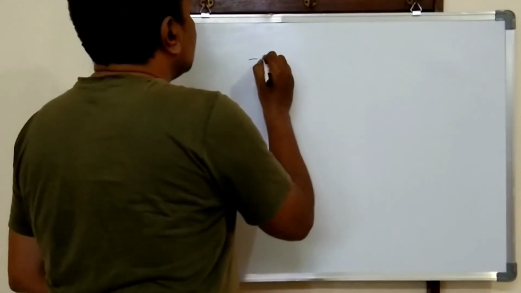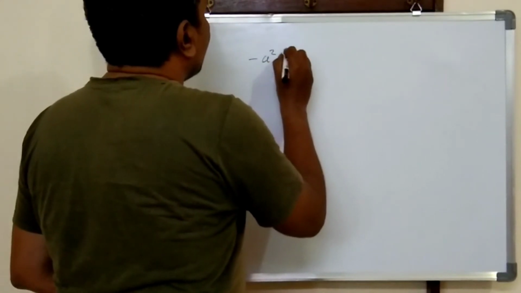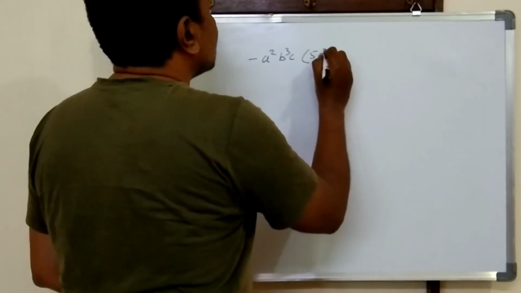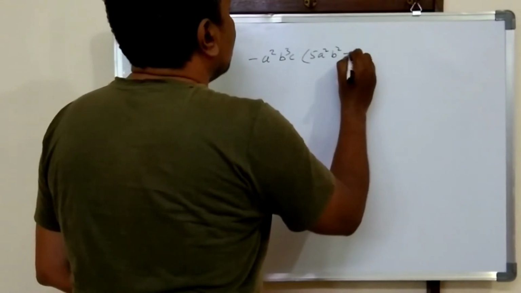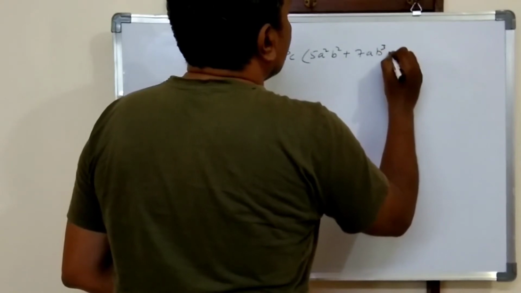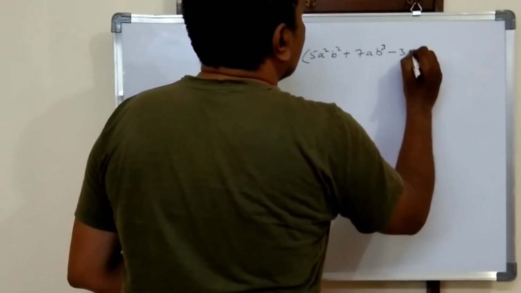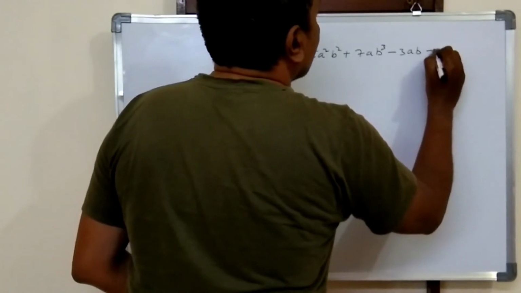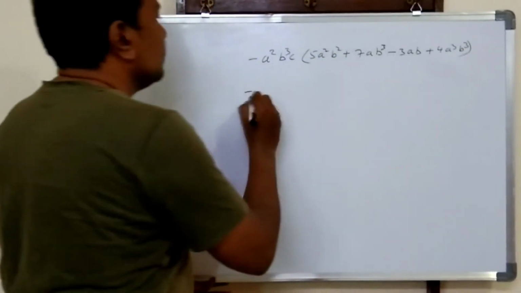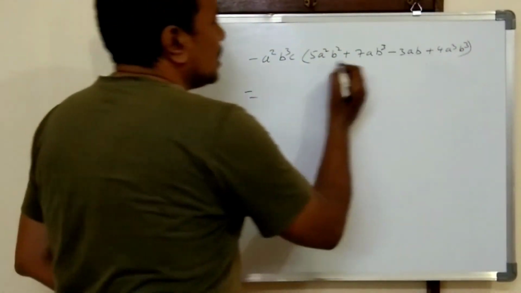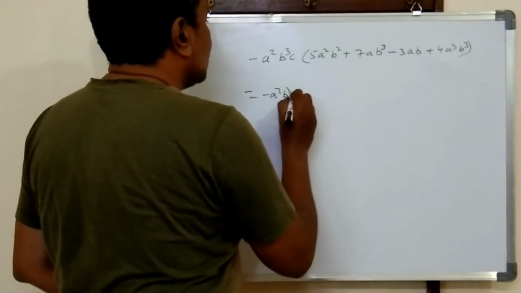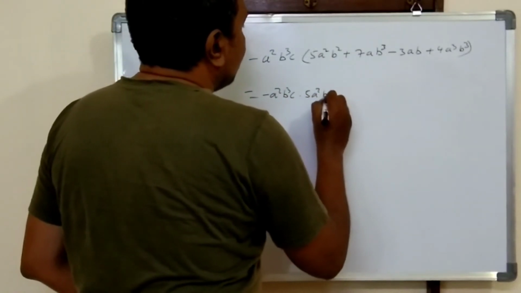Suppose minus a square b cube c into 5 a square b square plus 7 a b cube minus 3 a b plus 4 a cube b cube. How to multiply? This is an expression containing 4 terms. So minus a square b cube c into 5 a square b square.